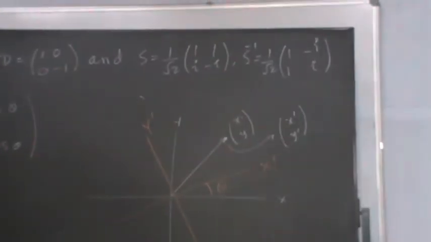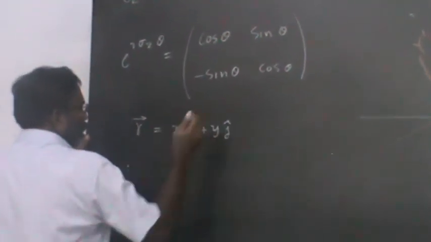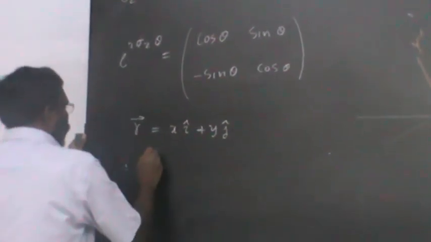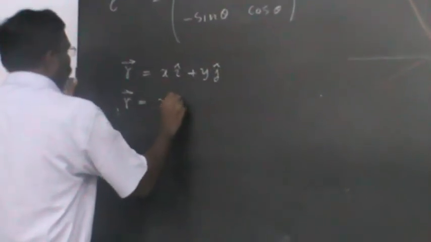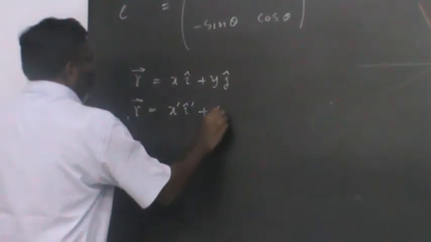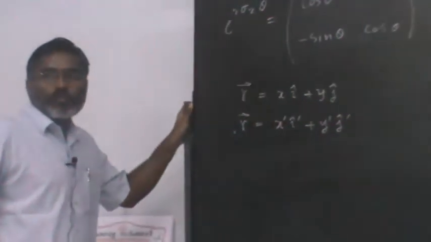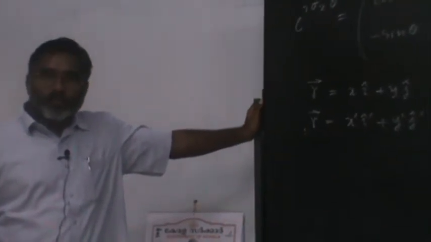So the same vector, the vector r, can be written as x times i plus y times j, where i and j are unit vectors in the xy coordinate system. But the same r can also be written as x prime times i prime plus y prime times j prime. But now you ask the question, what is i prime and j prime?